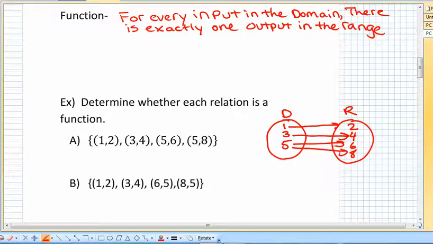So in this case here, for every input there is not only one output. The number 5 has 2 outputs. So basically, this would not be a function here, because 5 has 2 outputs. It has 6 and it has 8.